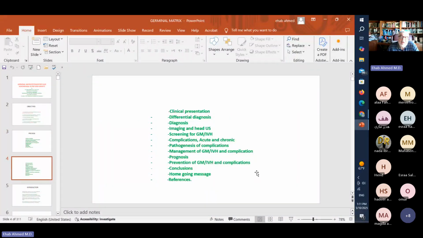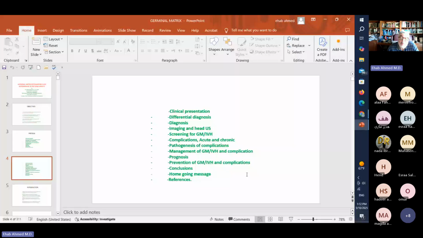And then comes the clinical presentation, which will take us to the differential diagnosis, how we can diagnose GM-IVH, and the basic tool of diagnosis will be imaging, especially the head ultrasound. And then we'll discuss how we should screen for GM-IVH in preterm babies and why we should screen for this problem.